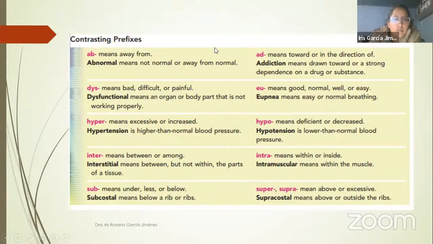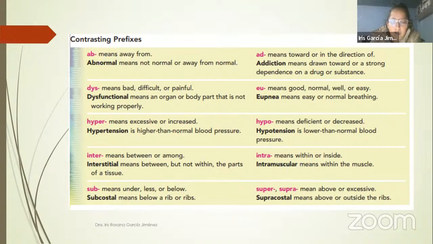You can check when we get the idea that they are contrasting. For example, hyper and hypo. We know in Spanish, hypertension, hypotension, easy to make. Just for practicing, for remembering, for getting the idea that it's the same as in English. But now we can read, we can understand, and maybe we can construct the medical term without any trouble.